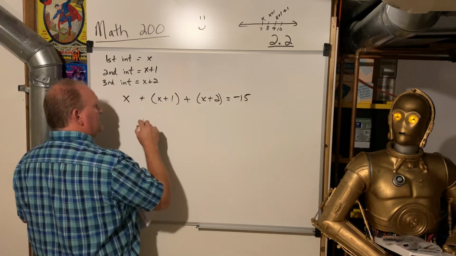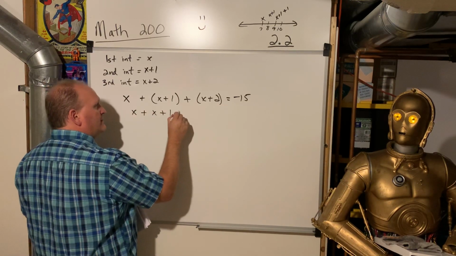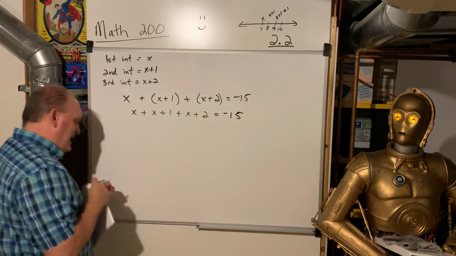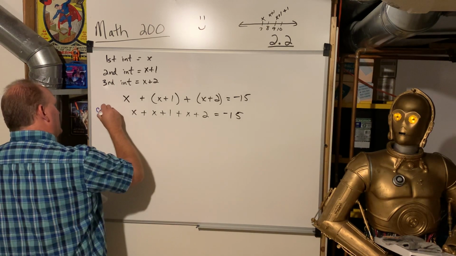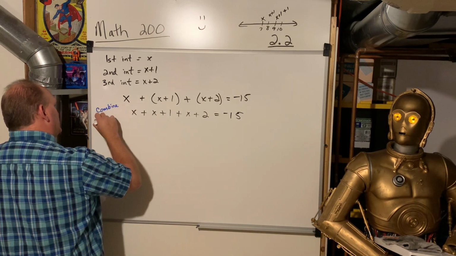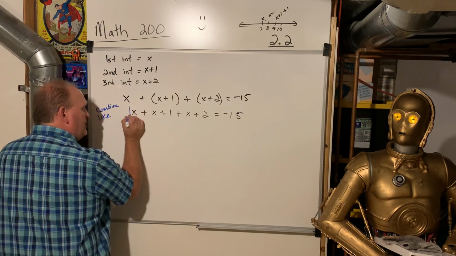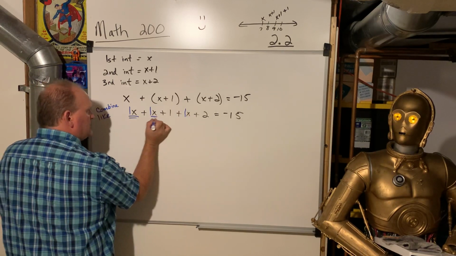So let's see, drop the parentheses: x plus x plus 1 plus x plus 2 equals negative 15. Combine like terms. We're combining like terms on the same side of the equal sign. That just means you're simplifying the left side. Remember, when there's nothing there, there's a 1 there. That's the coefficient.